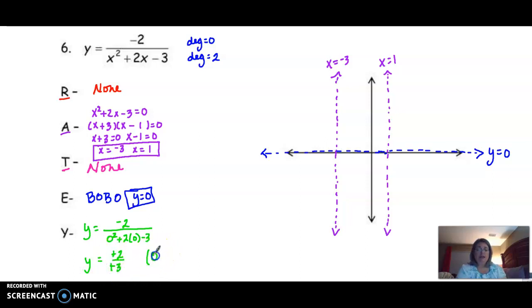So our coordinate is (0, 2/3). Always write it as a coordinate so that you don't forget. The whole reason why you did that y-intercept was to get a point. So 2/3 is going to live about here. That's just where I picked for it to be. So label it (0, 2/3) so that you can see where it is.